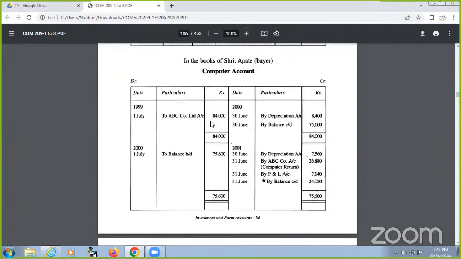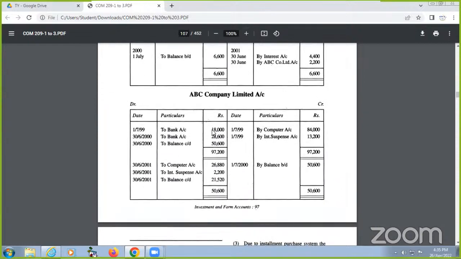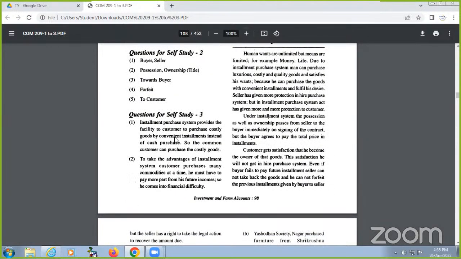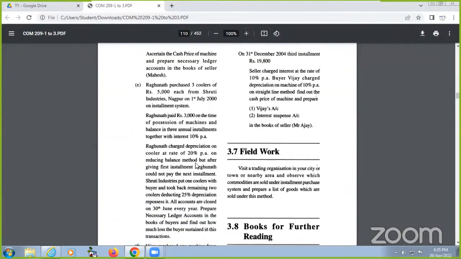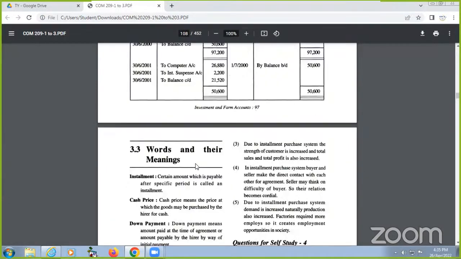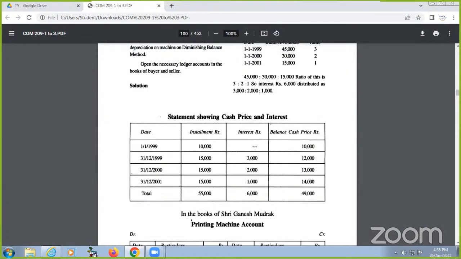There is a lot of work on the interest suspense account in the installment system. So yes, that finishes our third chapter. We can revise investment, hire purchase and installment once again.